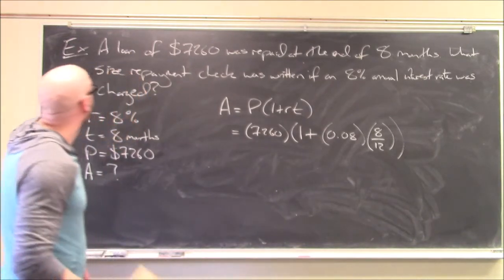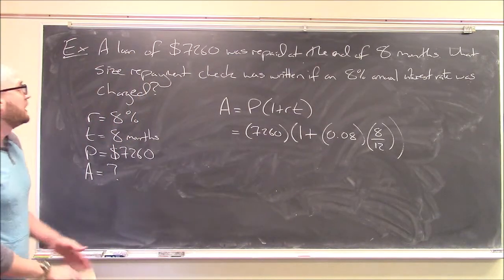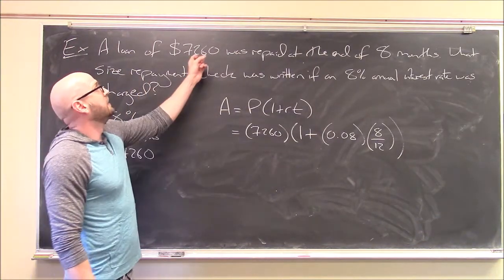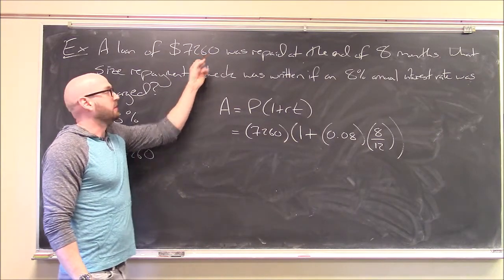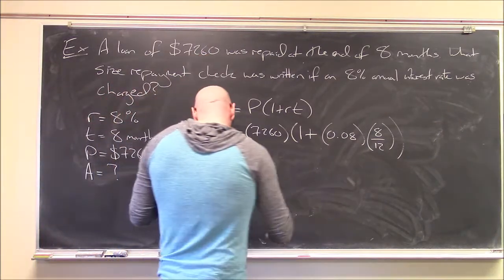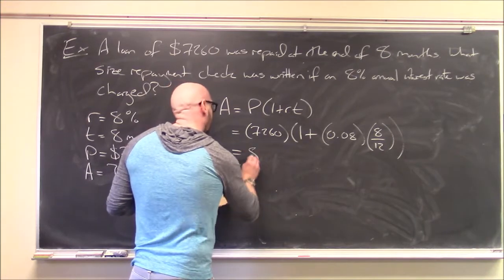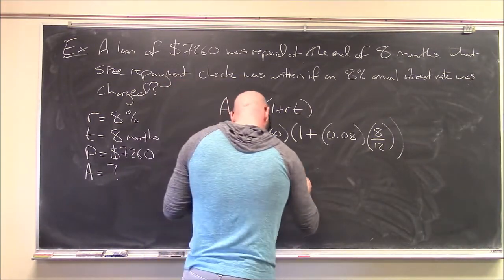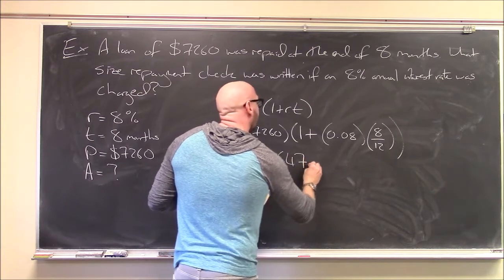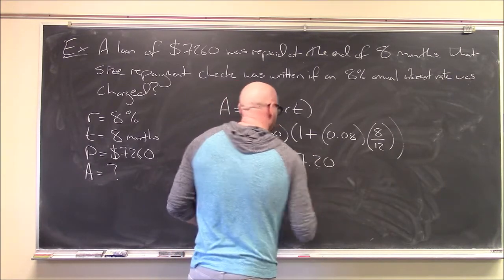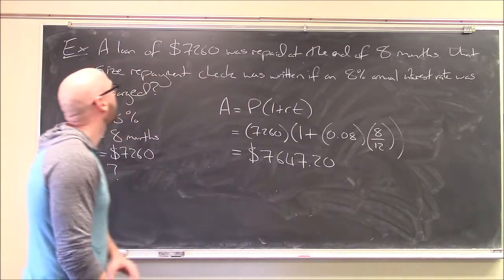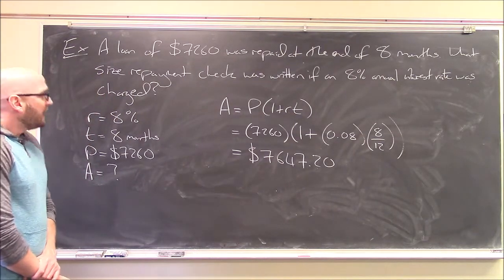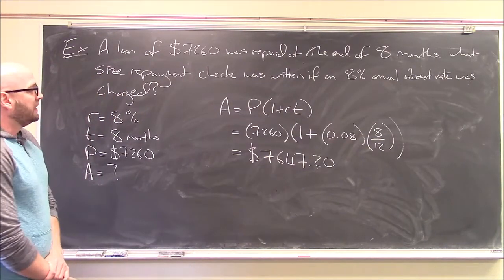Before I even plug these numbers into a calculator, we should of course get something a bit larger than 7,260. And if you plug these into a calculator, you get 7,647 and 20 cents. A reasonable looking number, right?